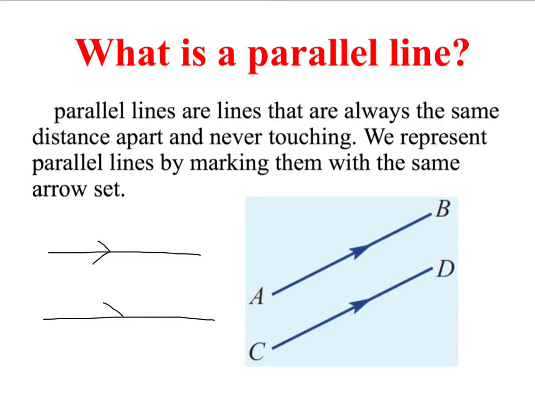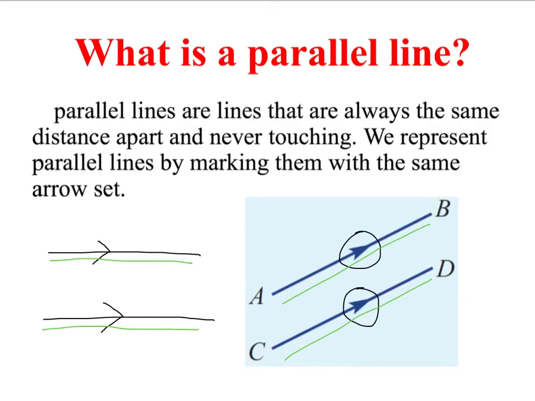They look a little bit like this. On the diagram, you see them here and here. What that tells whoever's looking at that diagram is that this line and this line are parallel. This line and this line are parallel. So we represent parallel lines by marking them with the same little arrow sets.